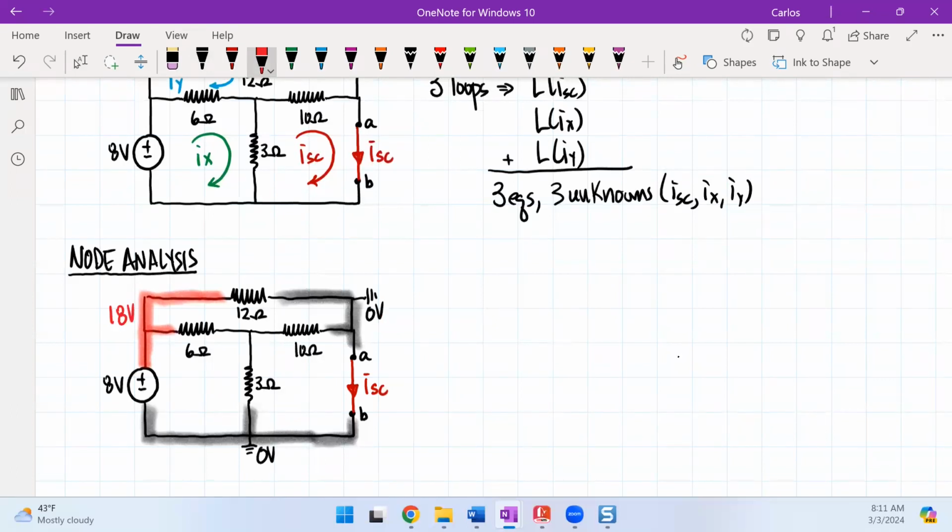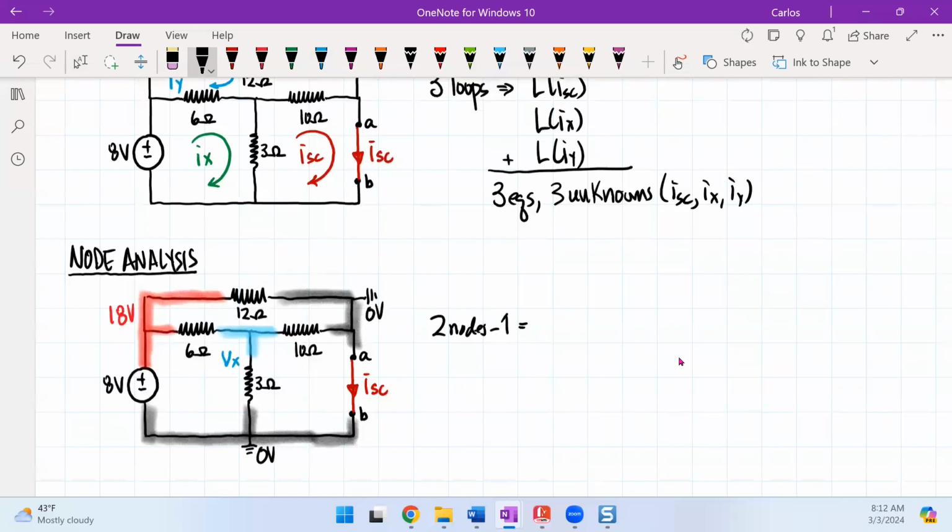And then I have this middle node, which I will then call, let's say, Vx. So when I look at this, I see that I only have one node, right? I have two nodes, but I know one of them. So if I was to do this the right way, I would say I have two nodes minus one source.